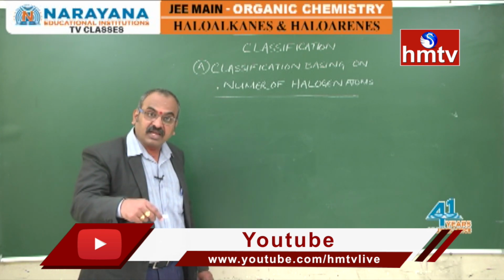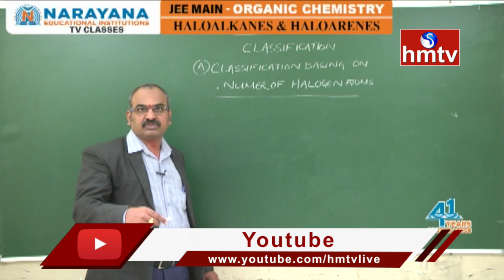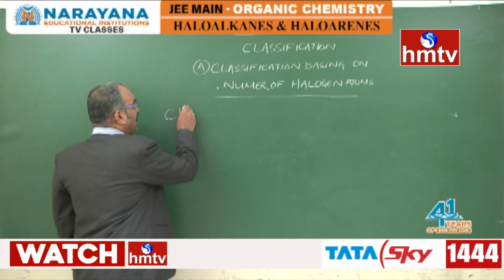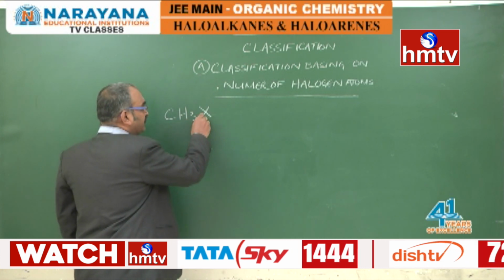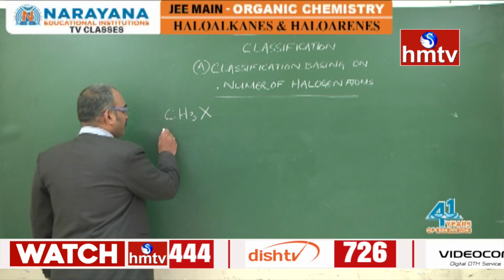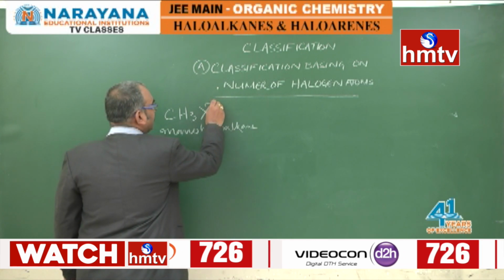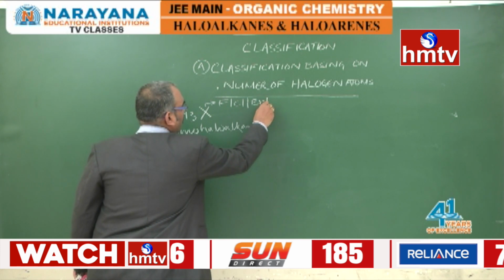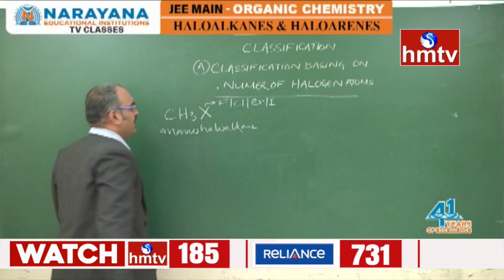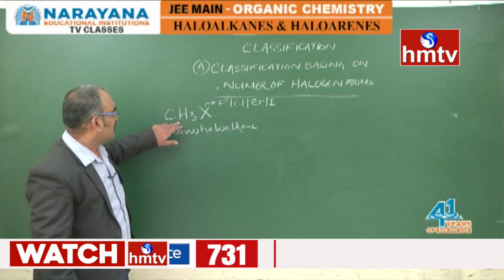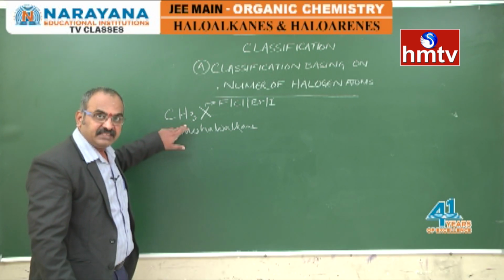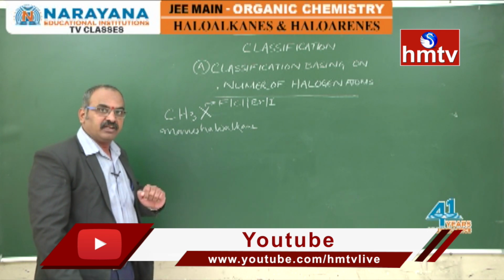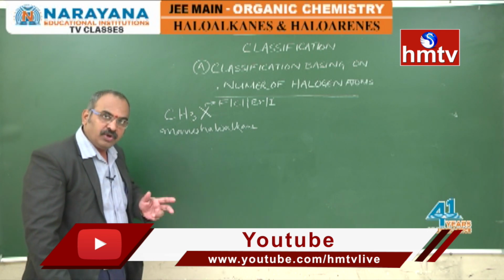If three hydrogens are replaced by three halogen atoms, we get trihaloalkanes. This is a monohaloalkane, where X is fluorine, chlorine, bromine or iodine. X can be anything. This is obtained by replacing one hydrogen of methane with one halogen atom.